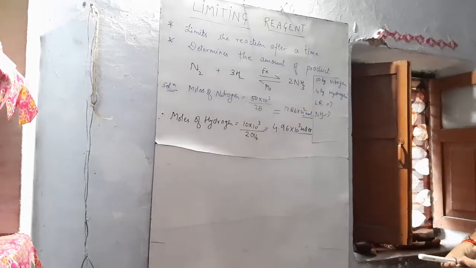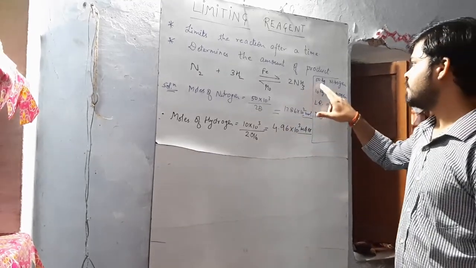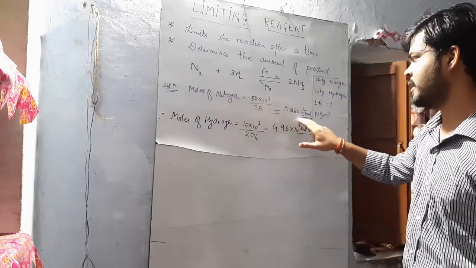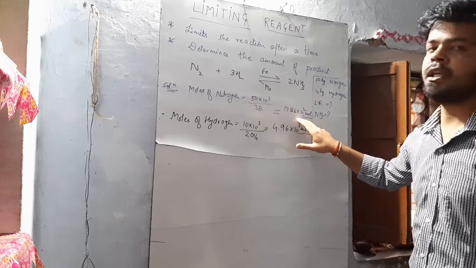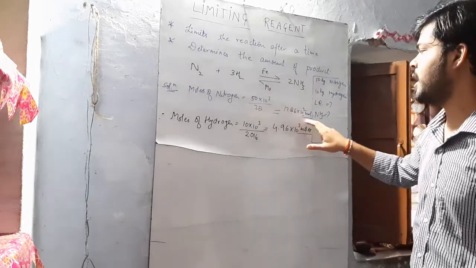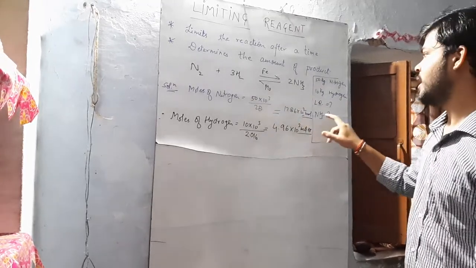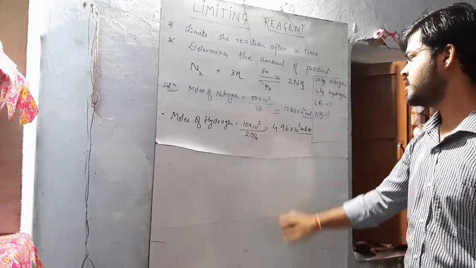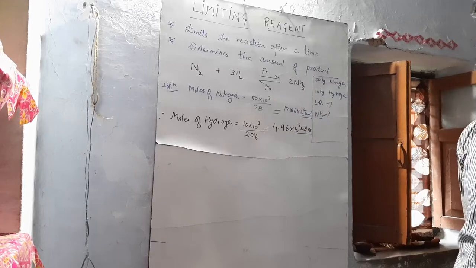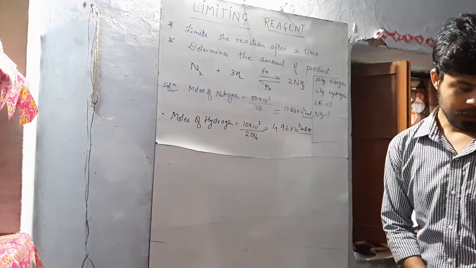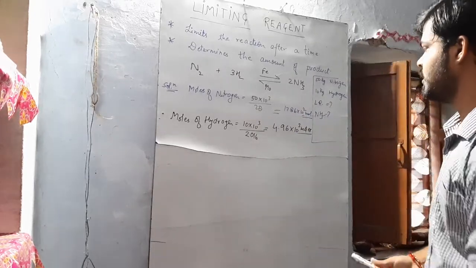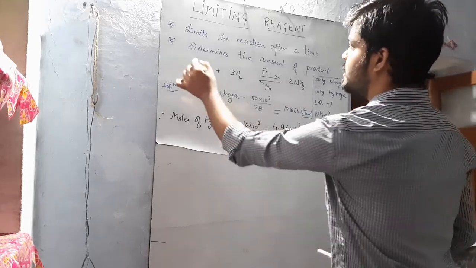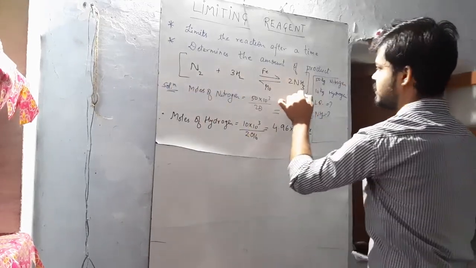So now we have converted 50 kg nitrogen into 17.86 multiplied by 10 power 2 moles, and the 10 kg of hydrogen comes out to be 4.96 multiplied by 10 power 3 moles of hydrogen. So first of all, let's calculate what this reaction says.